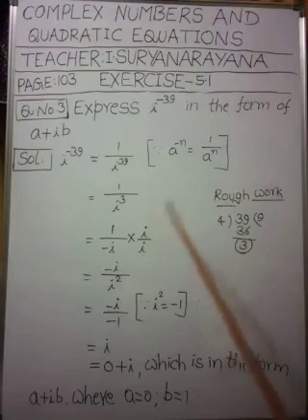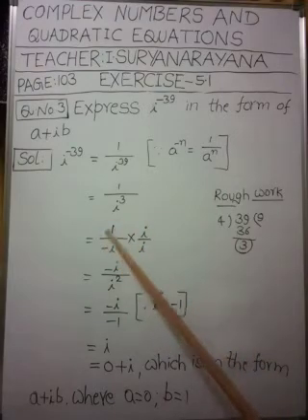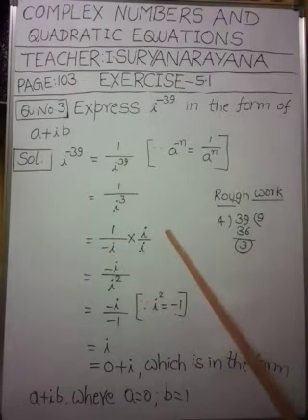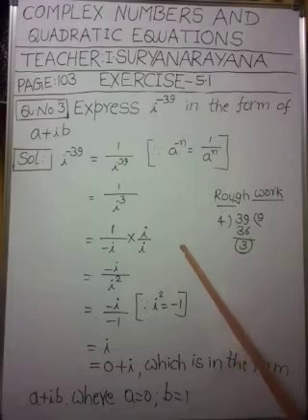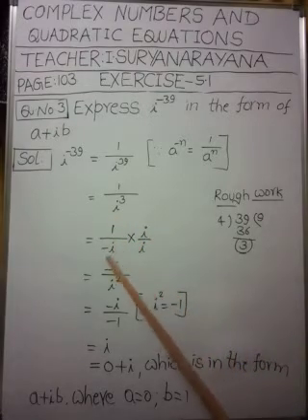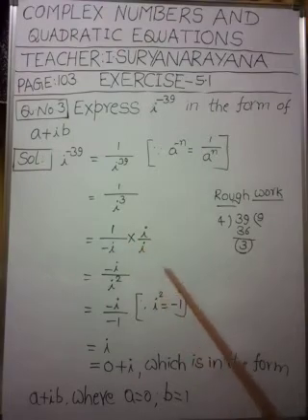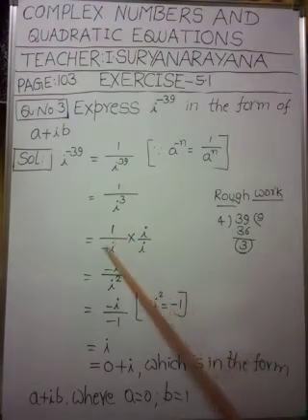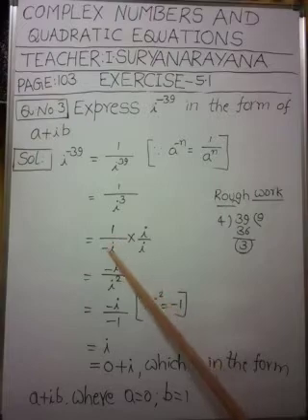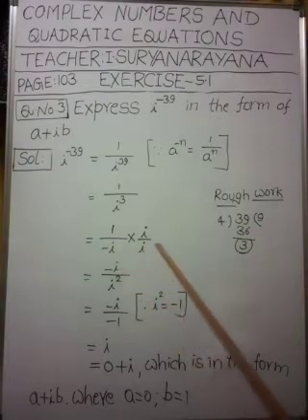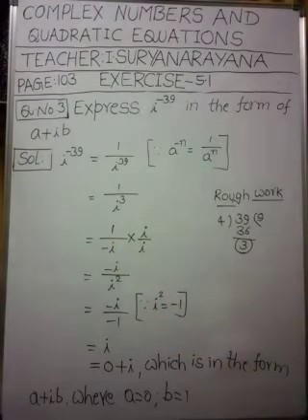Right. Now come to this part. i cube. What is the value of i cube? Minus i. Okay, my children. So 1 by minus i. I have written i cube value is minus i. So if you observe this one, it is an imaginary part. Generally in the denominator we write a real part, not an imaginary part.